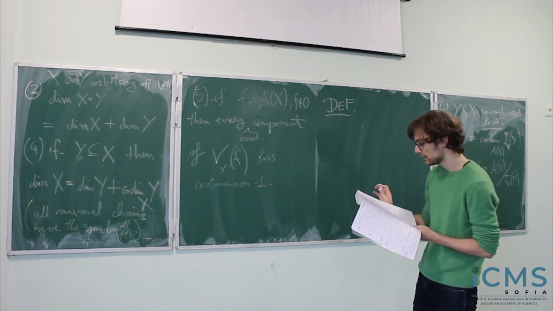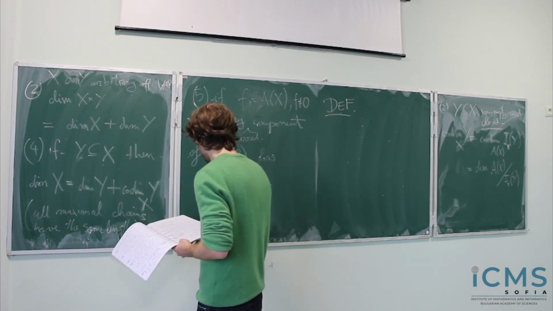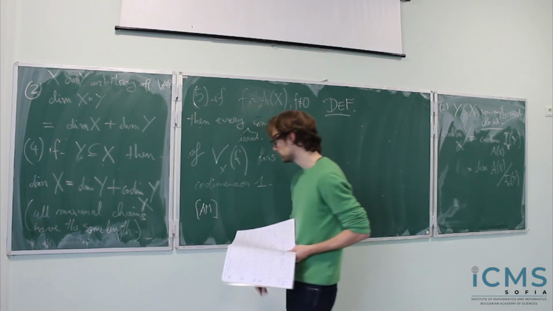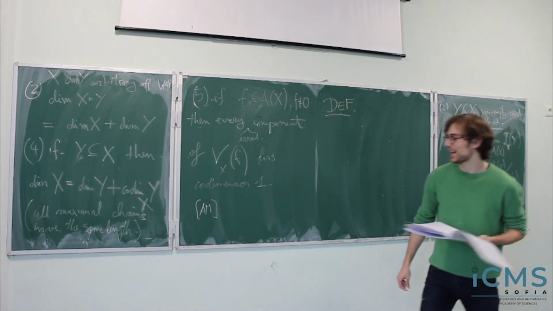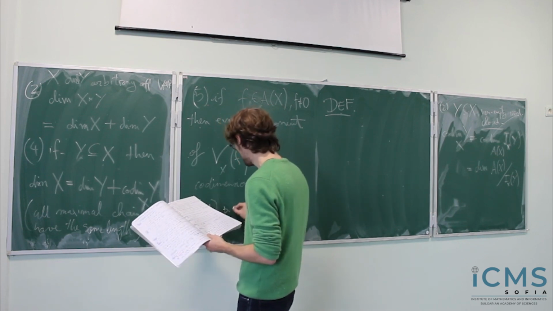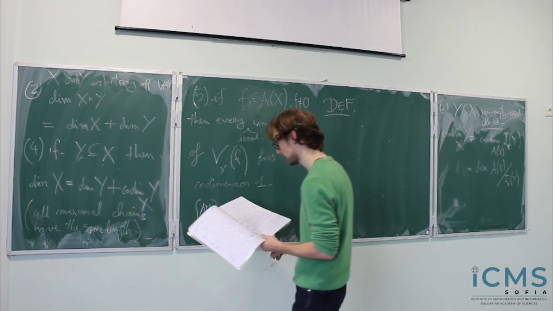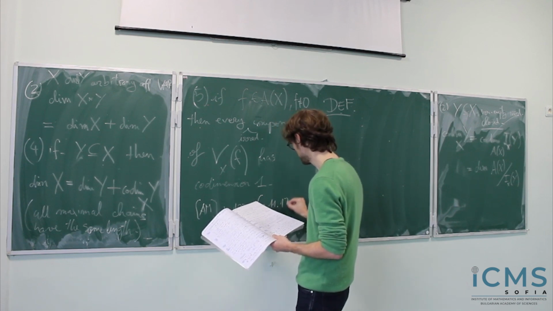What I was missing was giving you some references. I'm going to continue using the ICMS-Sofia. I haven't looked in the outline Clayman. So this is more or less page 122, corollary 1117.